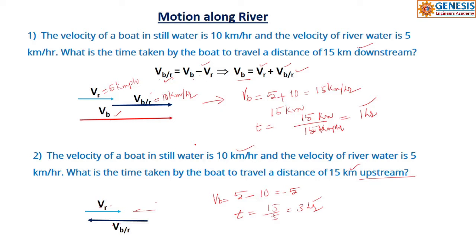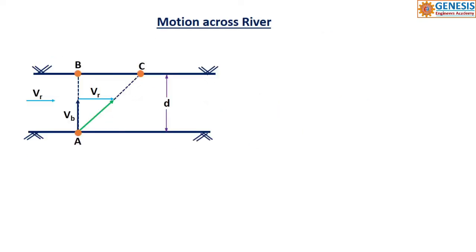Now, motion across a river. This has to be dealt with carefully. You observe this is the velocity of the river water, otherwise called the stream, or sometimes the current.